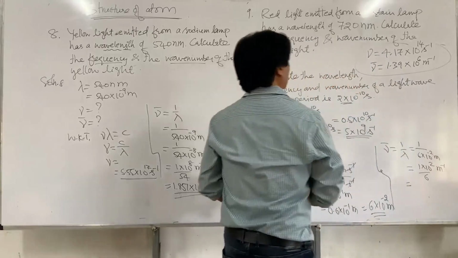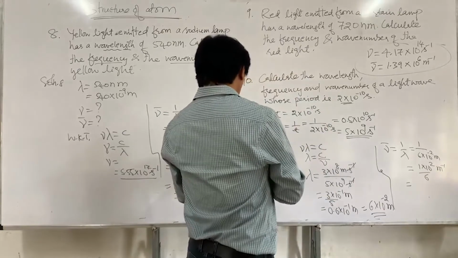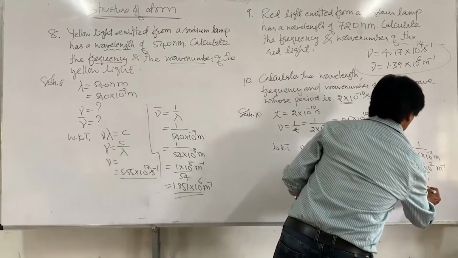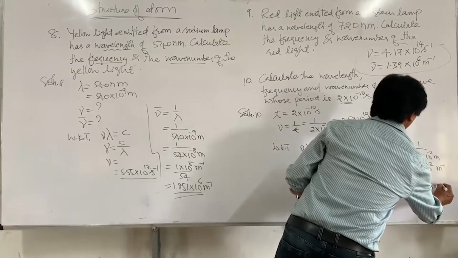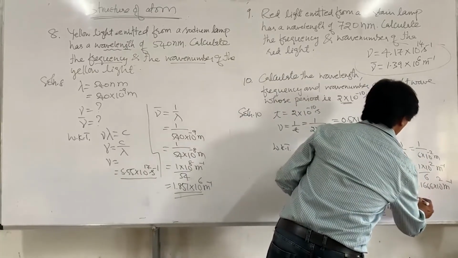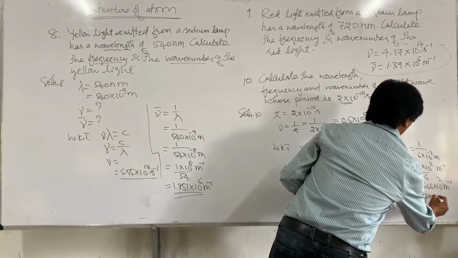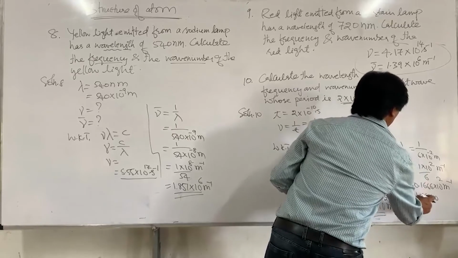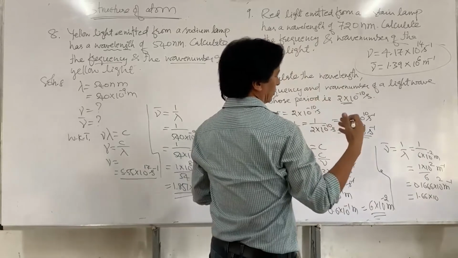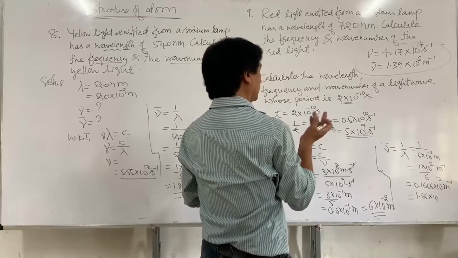So 1 by 6 is 0.1666, that is 0.1666 into 10 raised to the power 2 per meter. If you write this in scientific notation form, 1.666 into 10 raised to the power... Placing the decimal point to the right by 1 digit, the power decreases by 1.